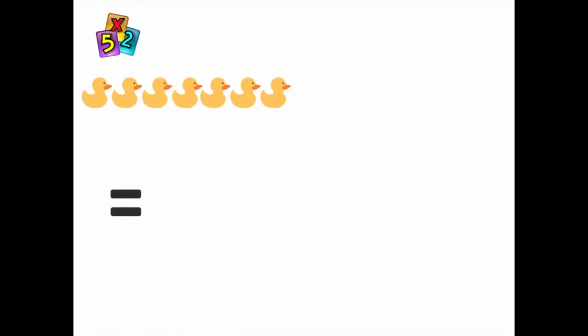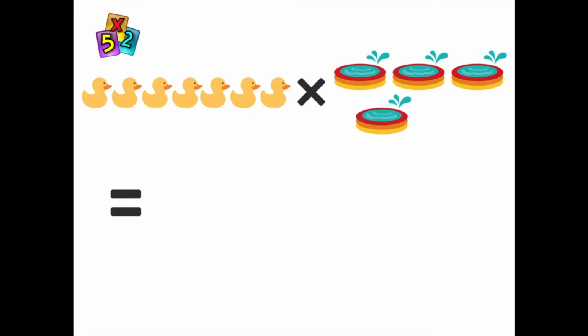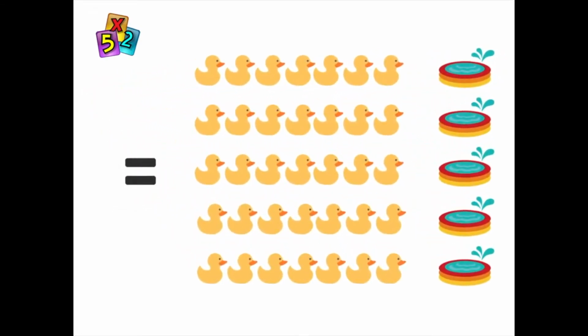How many ducks can fit in 5 swimming pools? To figure out the answer, we have to add 7 rubber ducks 5 times. The total number will be 35 rubber ducks. This means that 7 times 5 equals 35.